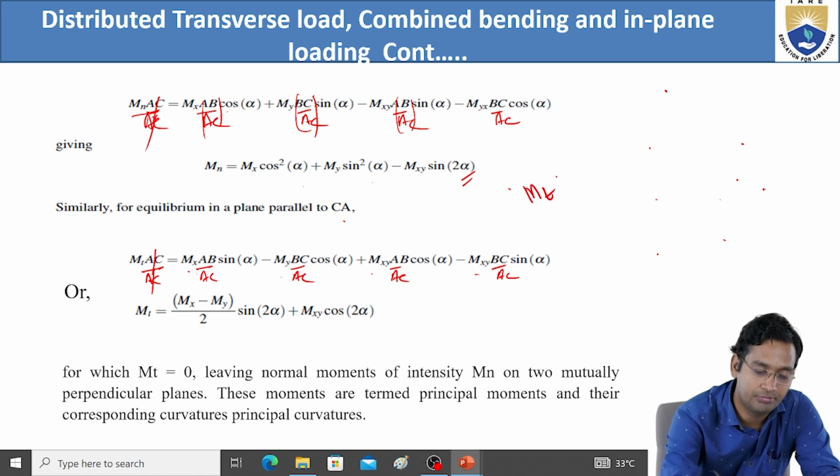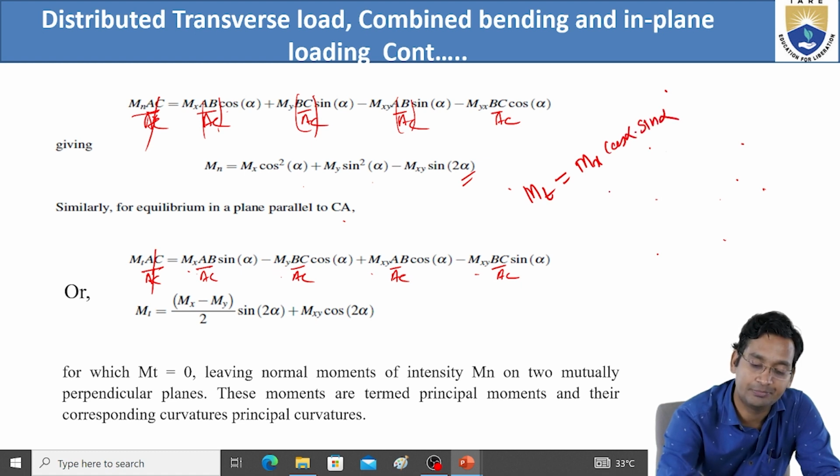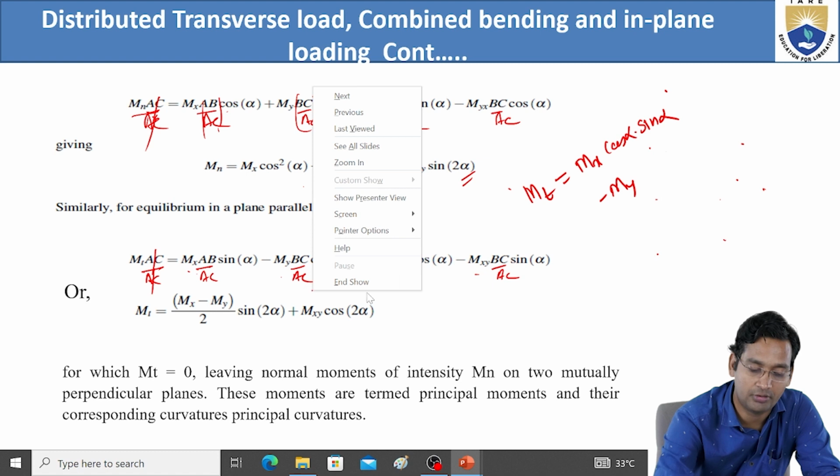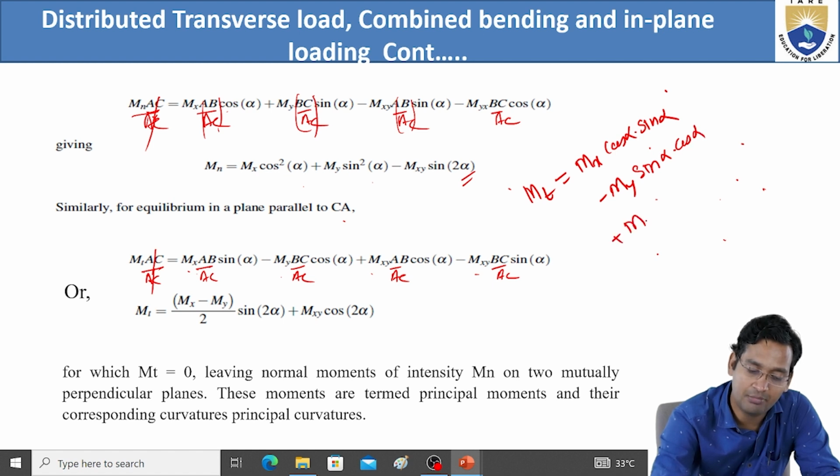That is MT equals to, now Mx AB by AC. AB by AC what we have taken, that is cos alpha. So here Mx AB by AC is cos alpha, so cos alpha into sin alpha, minus My BC by AC. BC by AC was sin alpha, so My sin alpha into cos alpha, plus Mxy AB by AC. AB by AC is cos alpha.